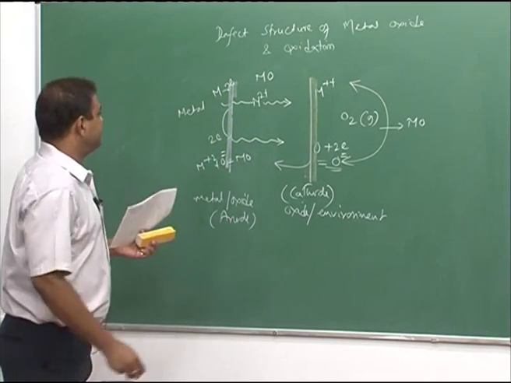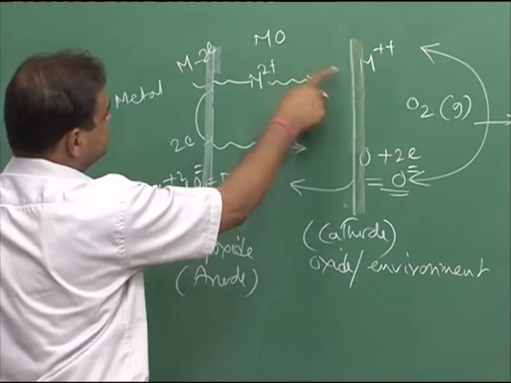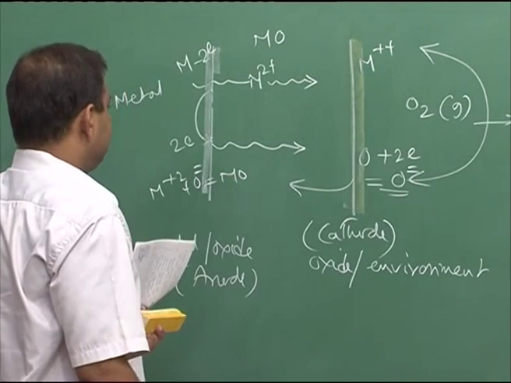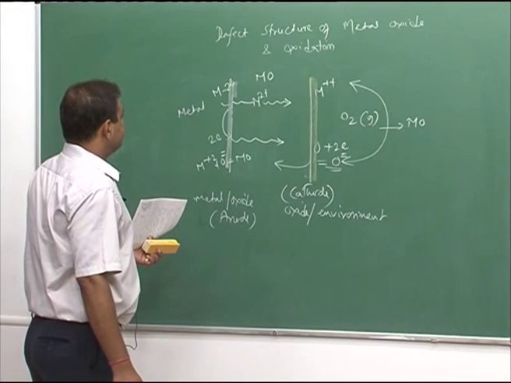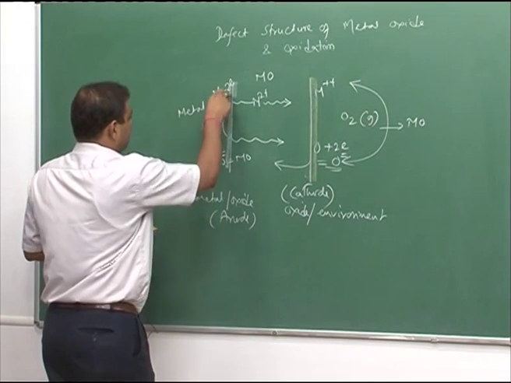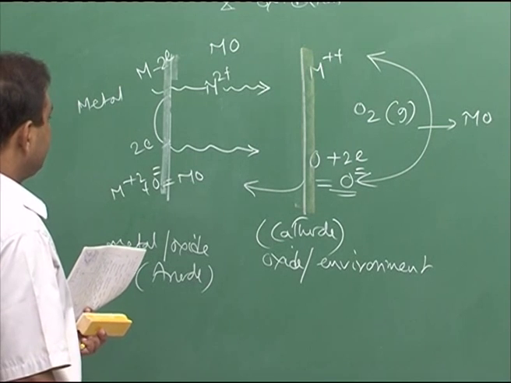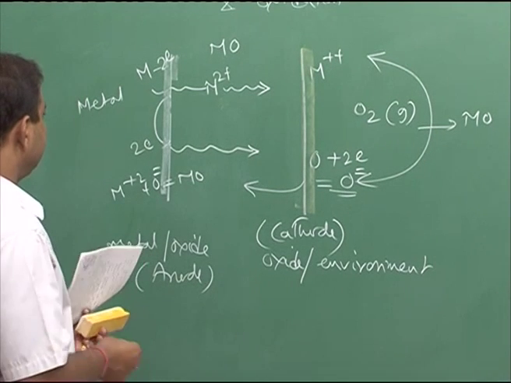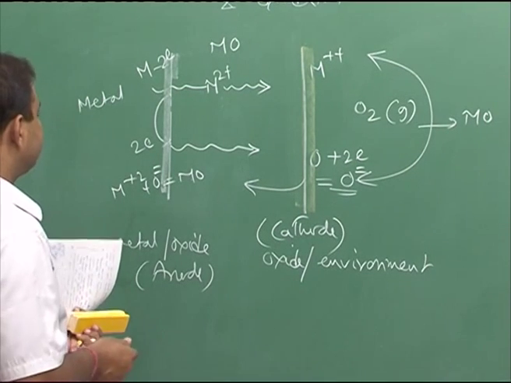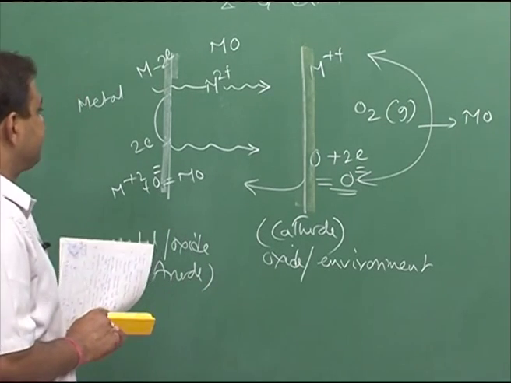So, that means whenever metal ion goes from the anode surface to the cathode surface, oxide growth is taking place on the oxide environment interface, and if oxygen is coming here, then on the metal oxide interface, oxide growth is taking place. Now, there could be a simple experiment which can tell you which is the governing factor or which interface is actually growing.